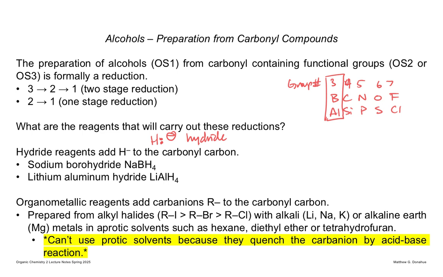When they're neutral, they look like that. They're electron deficient. The reagent sodium borohydride has 4 hydrogens.